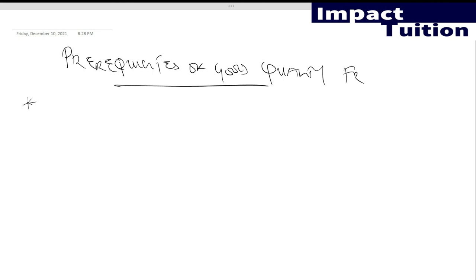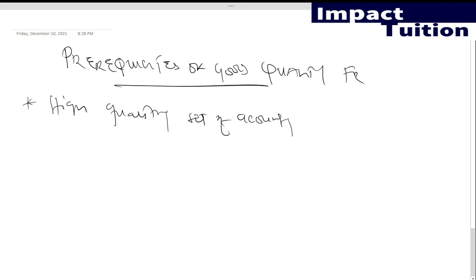Now, this requires that there is a high quality set of accounting rules. This is the first prerequisite of good quality financial reporting: a high quality set of accounting rules.